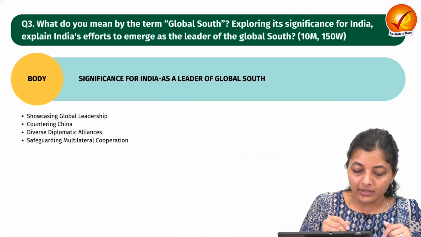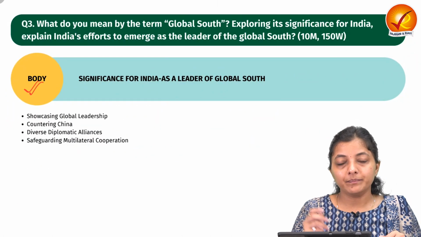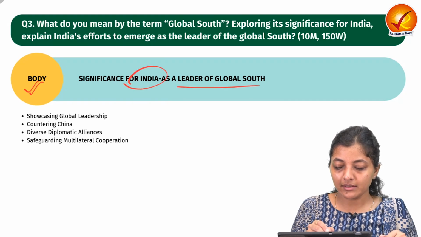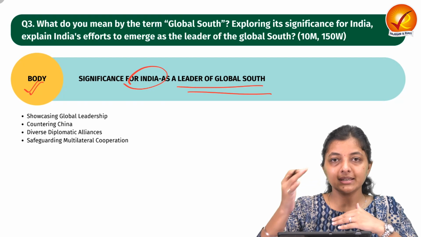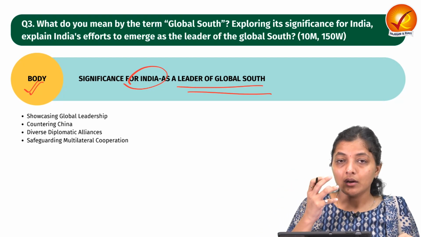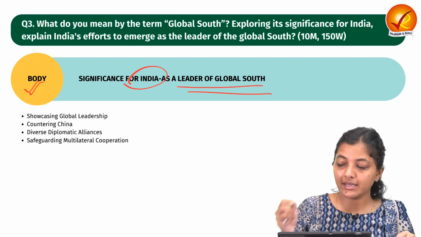Now next comes the body part: what is the significance for India as a leader of the global south? Means when India is emerging as a leader of the global south, what is the significance for India itself?